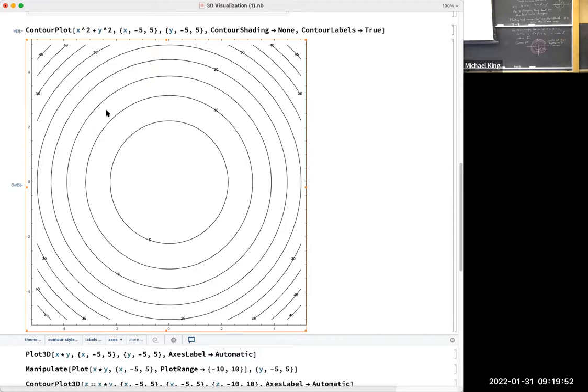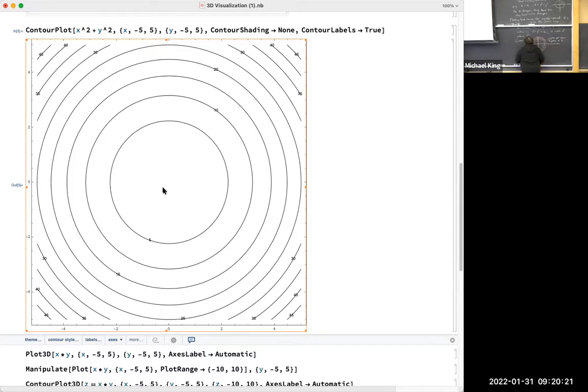Since we tend to draw them equally spaced, contours closer together means steeper. When I go from the 20 to the 25 contour, I go up by 5 in this distance, whereas from the 5 to the 10 contour, I also go up by 5, but it takes more horizontal motion, so it's shallower. So you can see the bowl shape coming out of this.